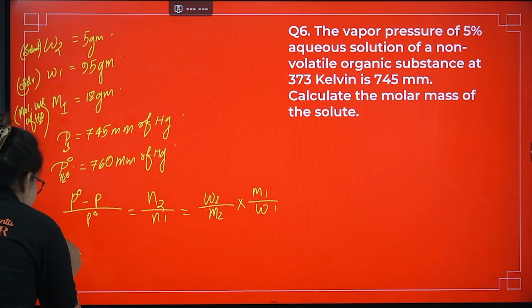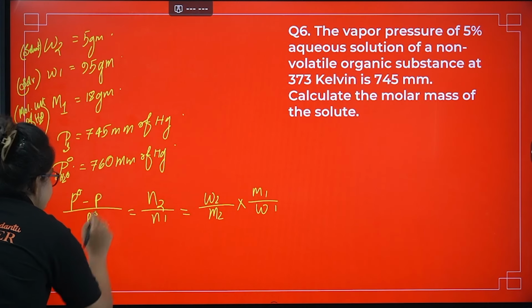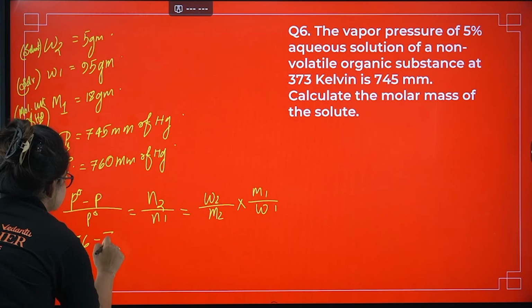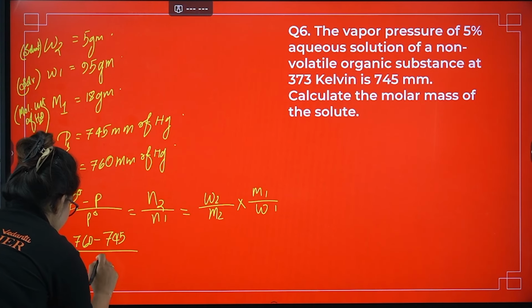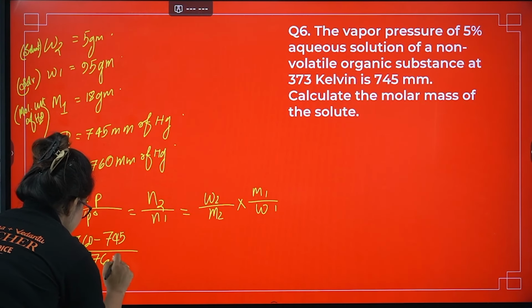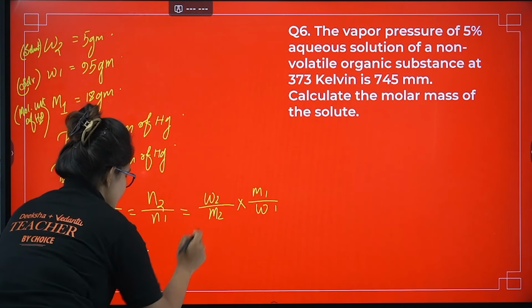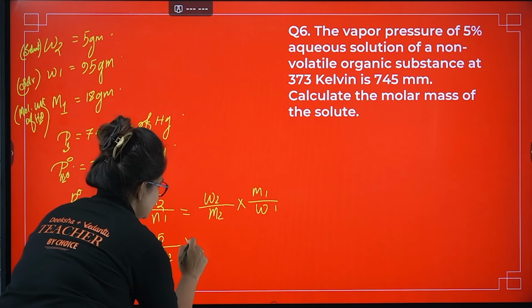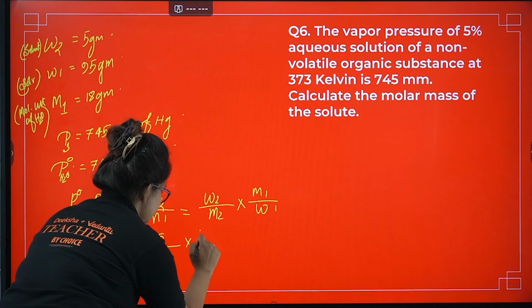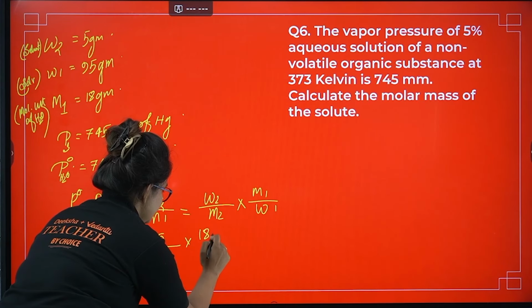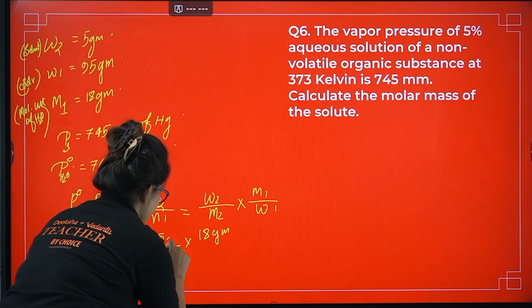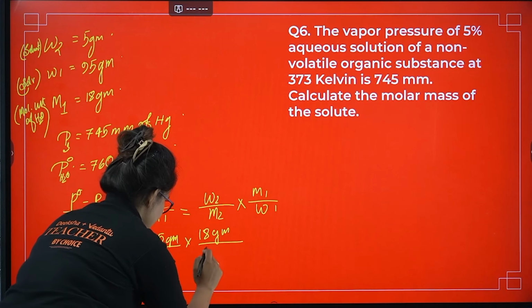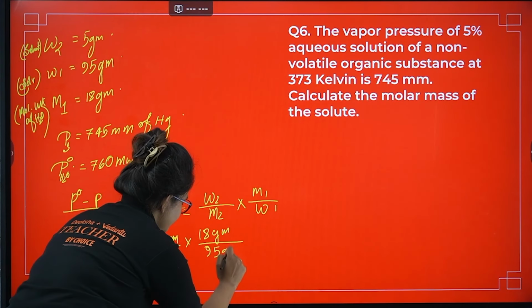Let's put everything here: (760 minus 745) divided by 760 equals 5 gram over the molecular weight you have to find, into M1, the molecular weight of solvent, 18 gram, divided by 95 gram of water.